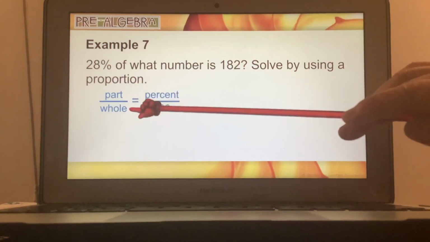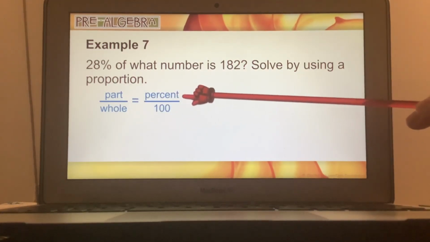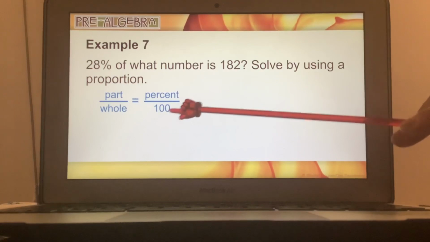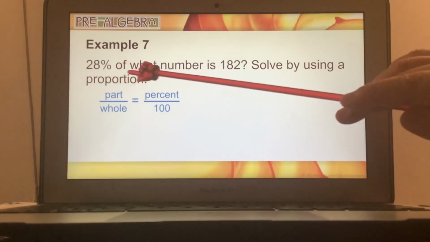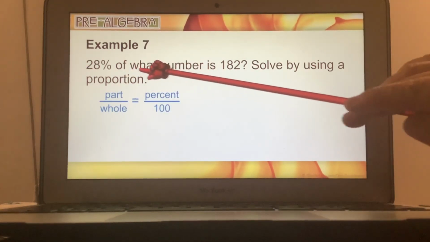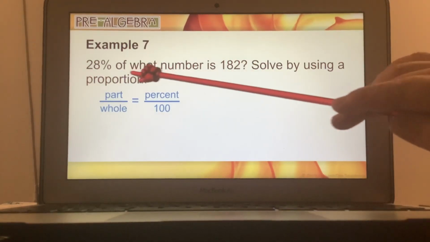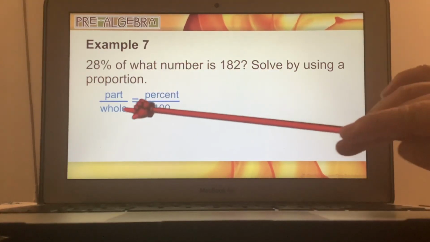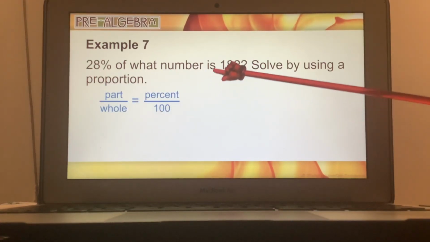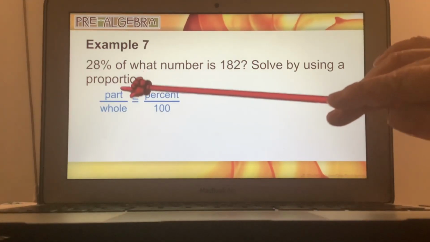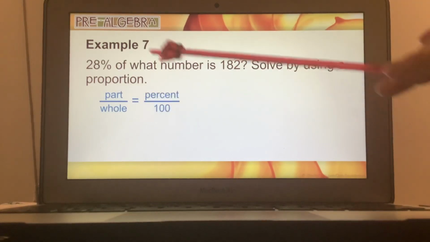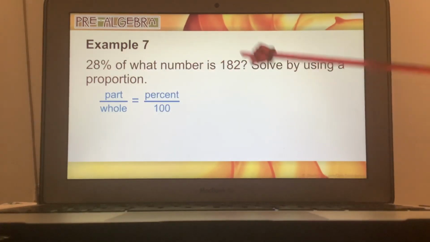So the part over the whole equals the percent over 100. 28% of what number is 182? So "of what number" is going to be your whole. 182 is the part because it's 28% of some number.